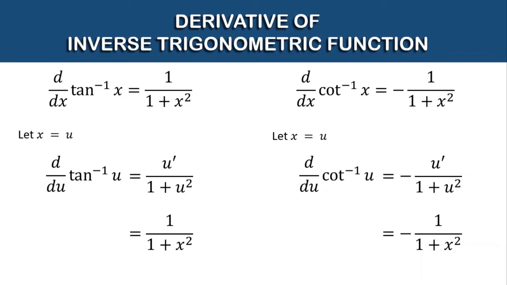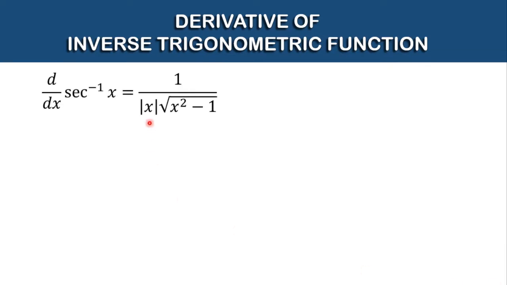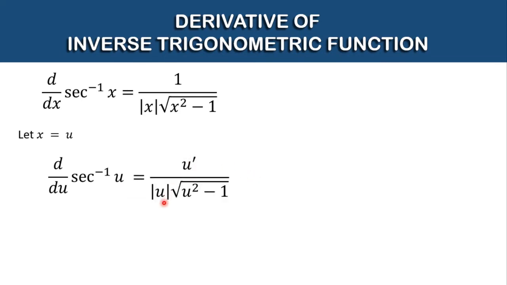For the derivative of arcsecant of x, we have 1 over the absolute value of x times the square root of x squared minus 1. So, let x is equal to u. So, we have d over du of arcsecant of u. This is equal to u prime over the absolute value of u times the square root of u squared minus 1.